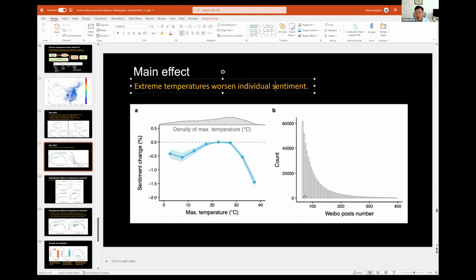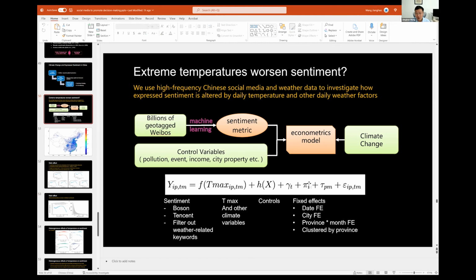We only take the users who post over 50 posts in a year. That is, at least a user posts over 50 times at different temperatures. So they provide a panel, an incomplete panel, to study these questions using similar regression model functions, but we change it not to the city fixed effect, but to the individual fixed effect here.